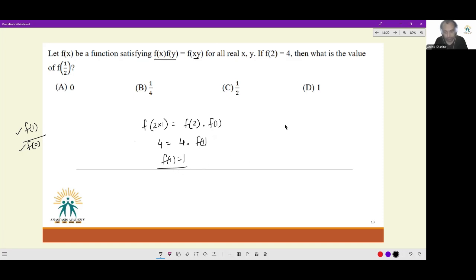If f1 is 1, can I say f of 2 into half, this is f1, will be equal to f2 into f of half. This we know to be 1. This we know to be 4. So figuring out f of half will not be a challenge. F of half will be equal to 1 by 4. This is done.